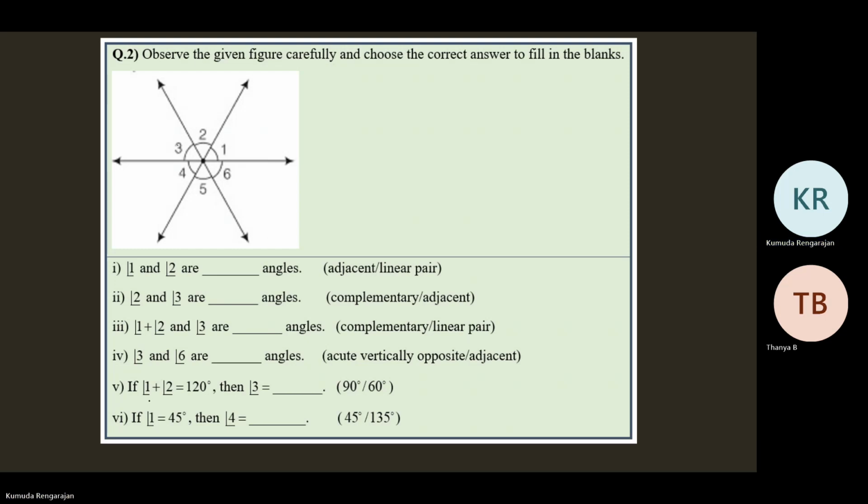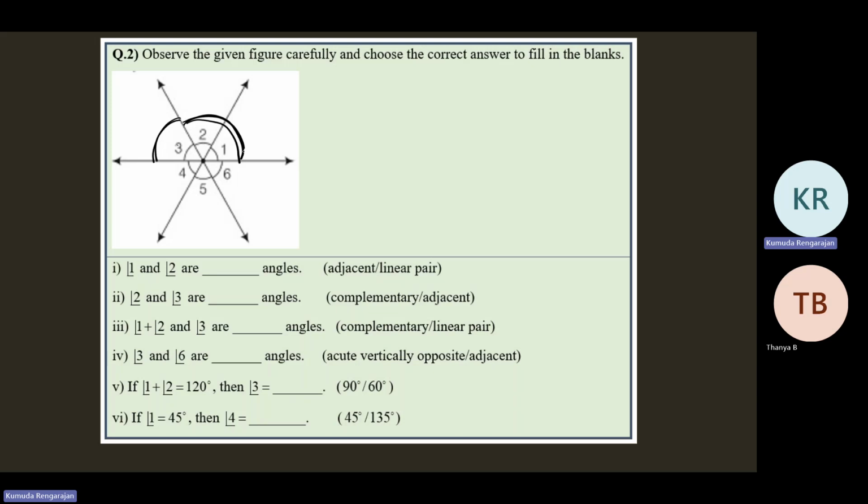Correct. If angle 1 plus 2 is 120 degrees, then what will be the measure of angle 3? 60 degrees, because 180 minus 120. We saw that these two angles form a linear pair. Their sum will be 180.